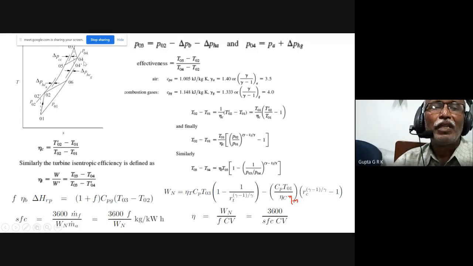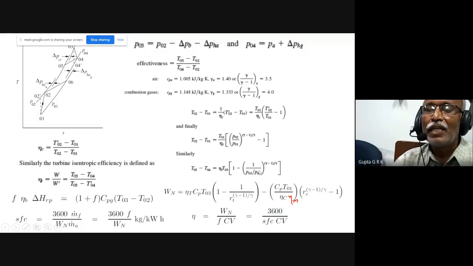In the same way, I am interested in T04, not T04 dash, which is ideal. Here the turbine efficiency is the actual work by ideal work. The small one is actual work, the big one is ideal work. So T03 minus T04 by T03 minus T04 dash. Again I am interested in T04. So I will write this as T03 minus T04 is equal to eta T into T03 minus T04 dash.